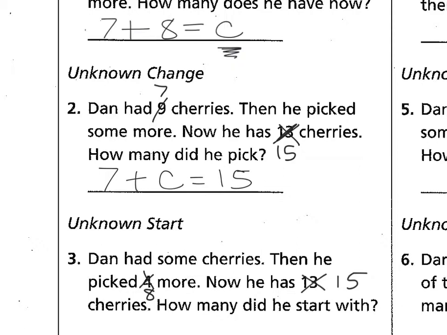So here, the unknown change, that was what I was demonstrating here, is how much bigger did it get by? And I wrote this equation to show that. Notice that I'm using the same variable. It doesn't matter. I'm just using c because we're talking about cherries. I could use any variable. I could use x, y, z, whatever I want. But it made the most sense for me.